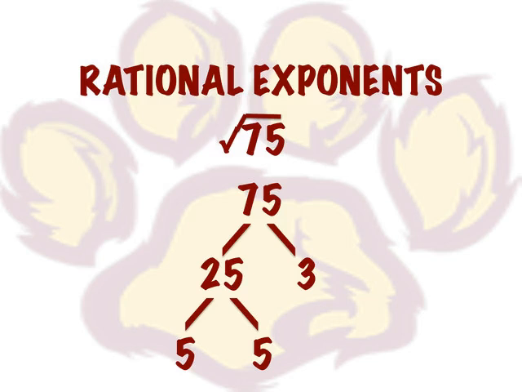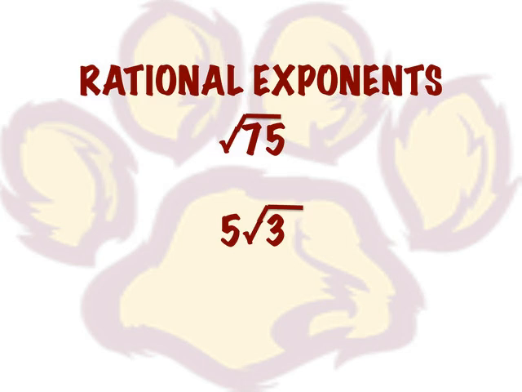So now, since we're taking the square root, or second root, we need to find a pair of numbers. In this case, we have two 5s. Since the 5s are a pair, one of them is able to come out from underneath the root sign. The 3 is stuck on the inside. So our final answer would be 5 times the square root of 3.